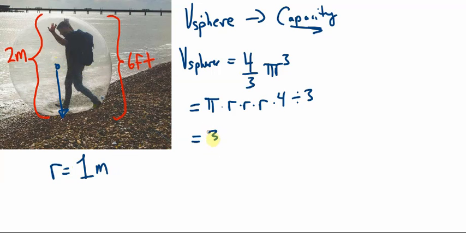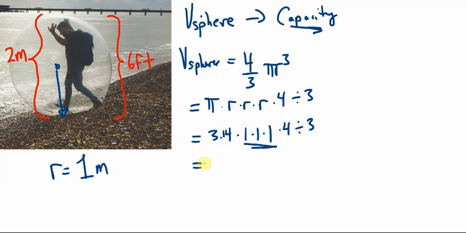So pi 3.14 times 1 times 1 times 1, which is nice because that doesn't really do much, times 4 divided by 3. Because these are all just 1, I can go 3.14 times 4 and then divide by 3.